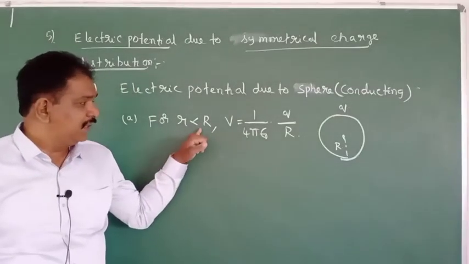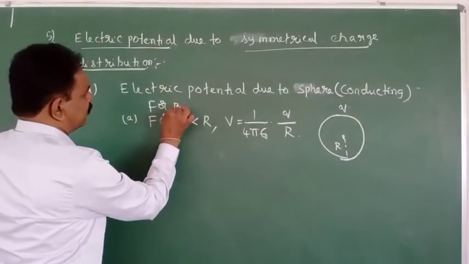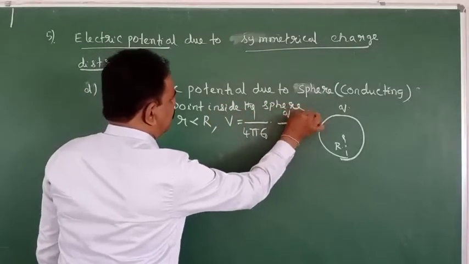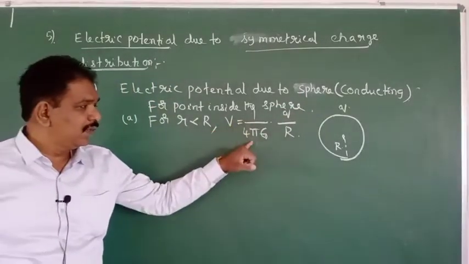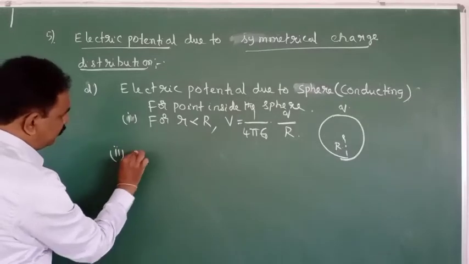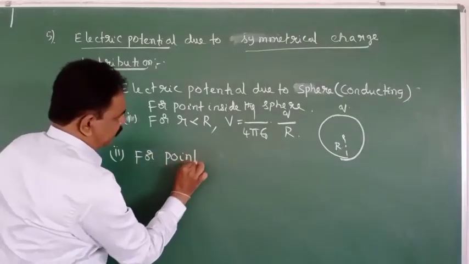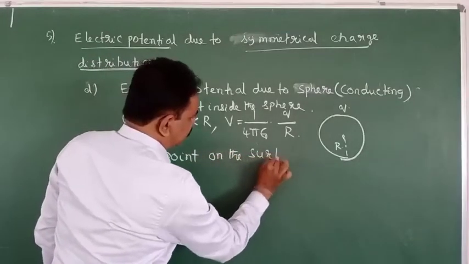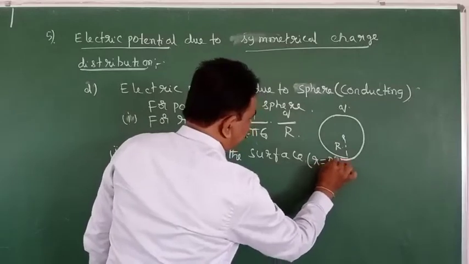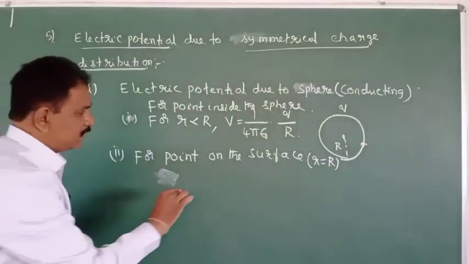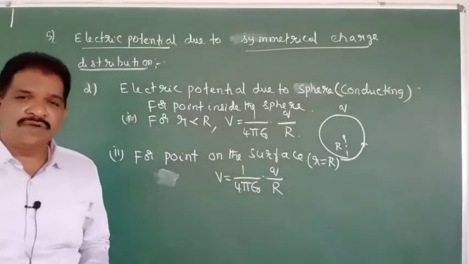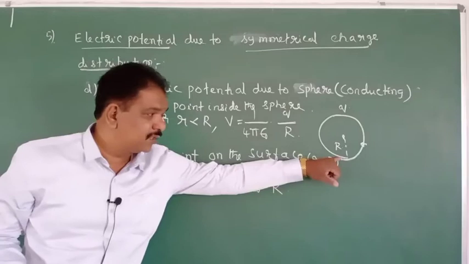So if the point is inside the sphere, r less than R, V is equal to 1 by 4 pi epsilon naught Q by R. Next, for a point on the surface, r is equal to R, exactly on the surface, the potential is V is equal to 1 by 4 pi epsilon naught Q by R. What you have to understand is that on the surface this much potential will be there.